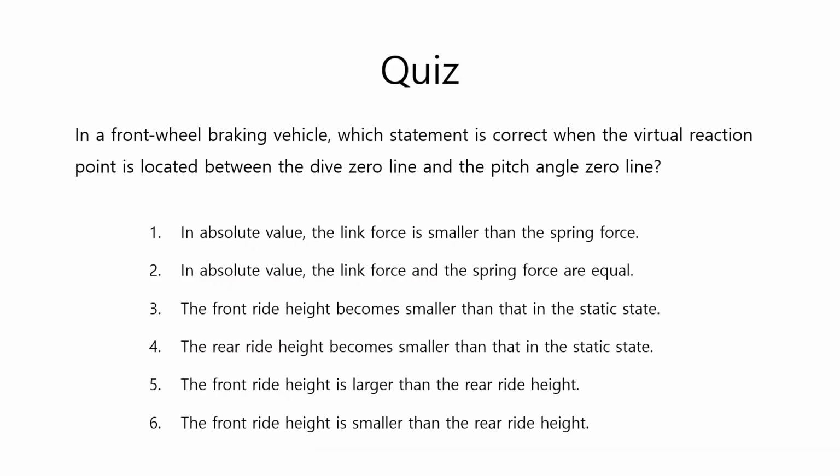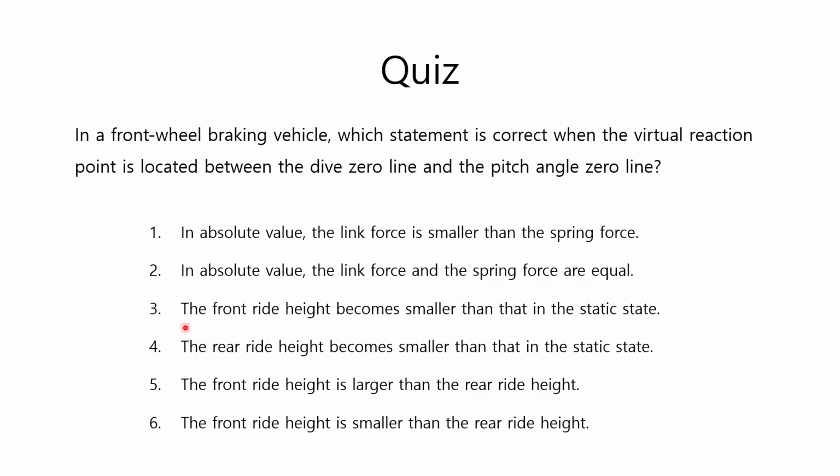I have a quiz for you. In a front-wheel braking vehicle, which statement is correct when the virtual reaction point is located between the dive zero line and the pitch angle zero line? Number 1. In absolute value, the link force is smaller than the spring force. Number 2. In absolute value, the link force and the spring force are equal.